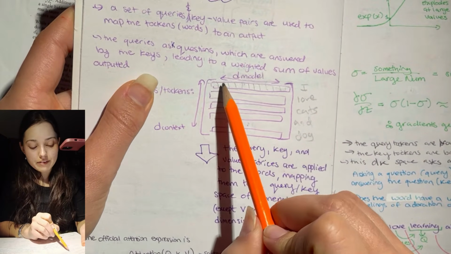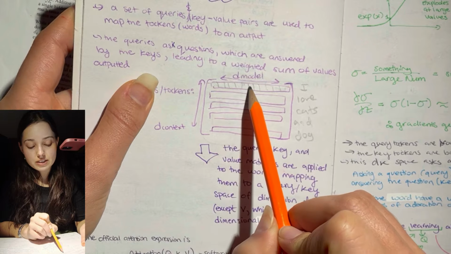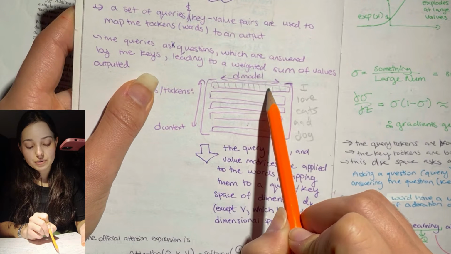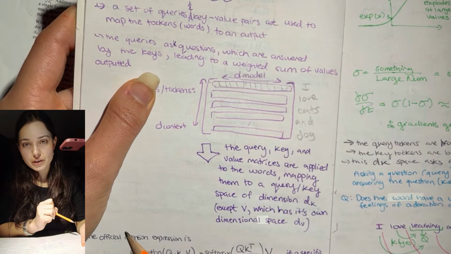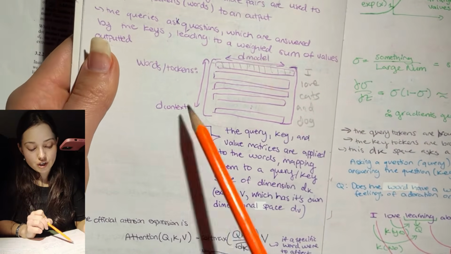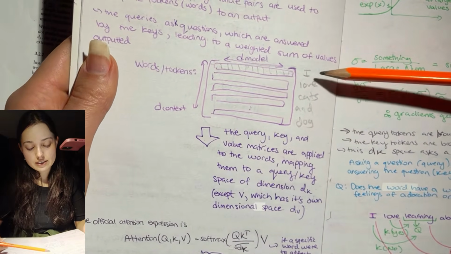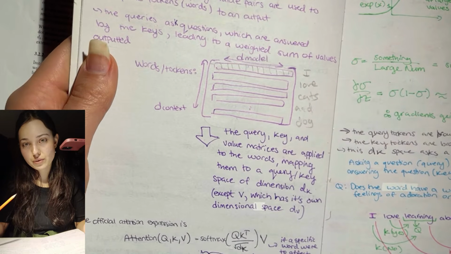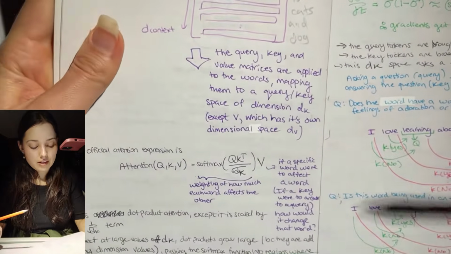So we have 512 dimensions, and each one has a value which represents the word embedding. And then this is just the context window. In this case, our context window is 1, 2, 3, 4, 5, because we're only taking 5 words.